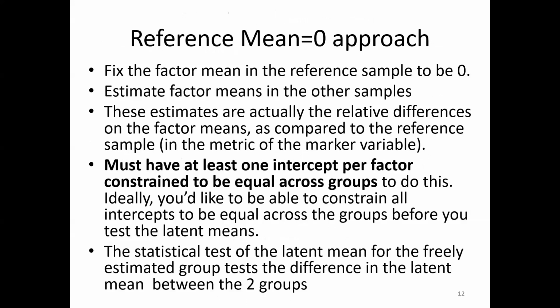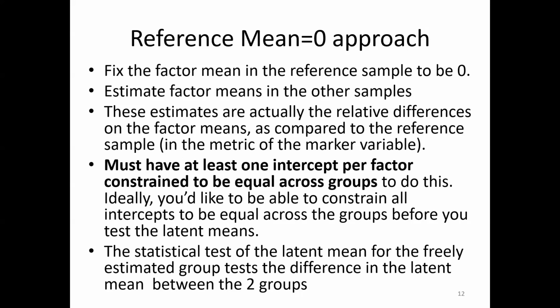And the important thing here that's really nice that I hadn't said before is if I constrain the factor mean to be 0 in group 1, but I freely estimate the factor mean in group 2, what I'm actually going to get for the factor mean is basically the difference on that factor for group 2.